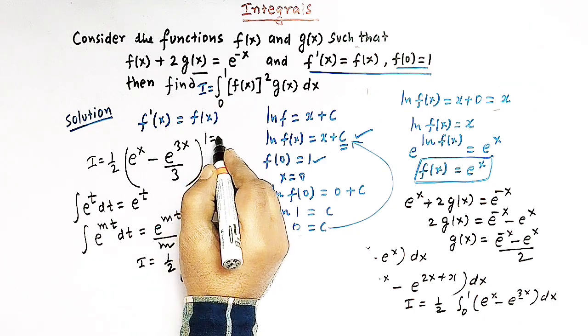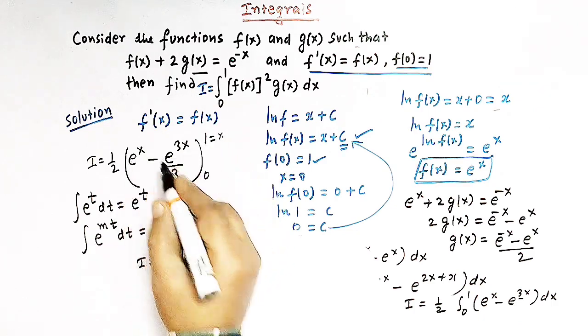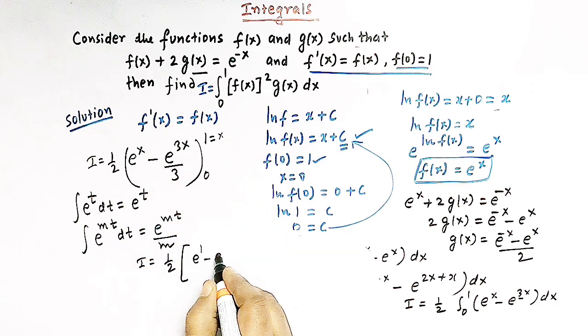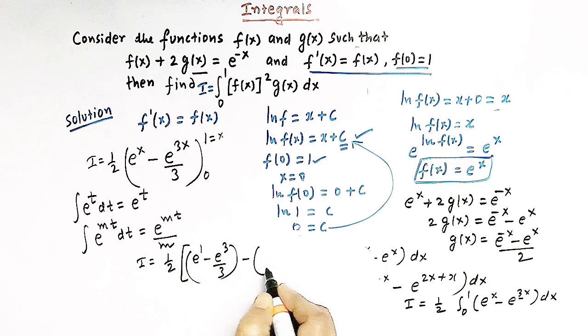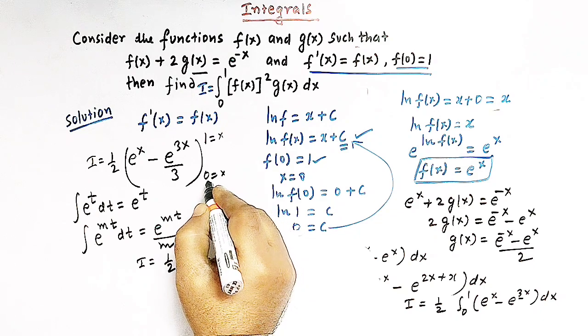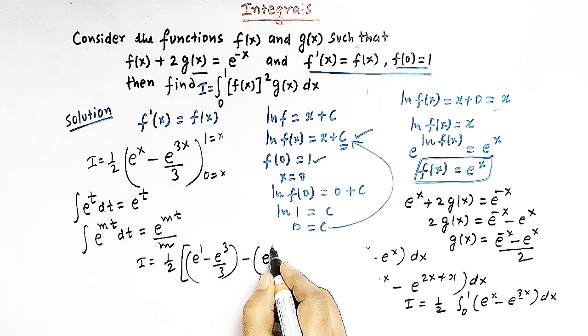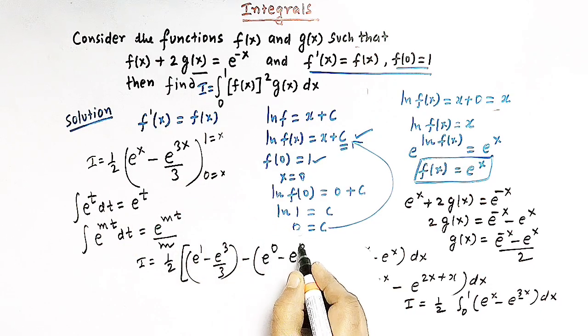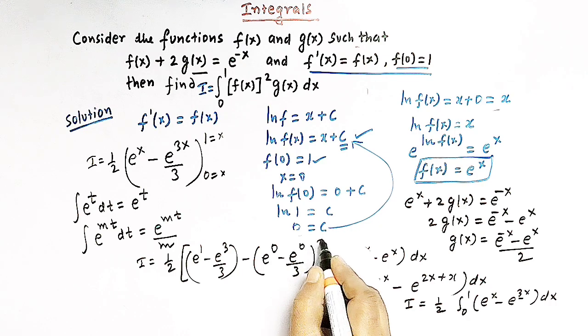So first we'll take x is equal to 1. So we have e raised to 1 minus e raised to 3 over 3, and then we have here x is equal to 0. So we have e raised to 0 minus e raised to 0 over 3.